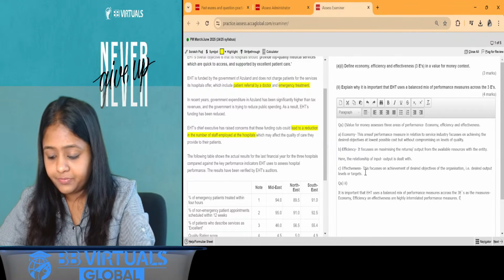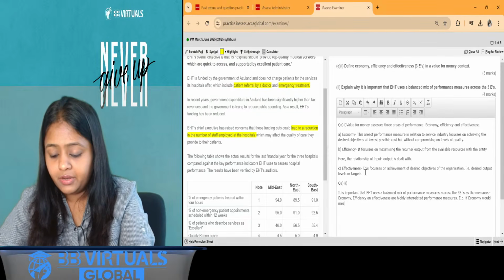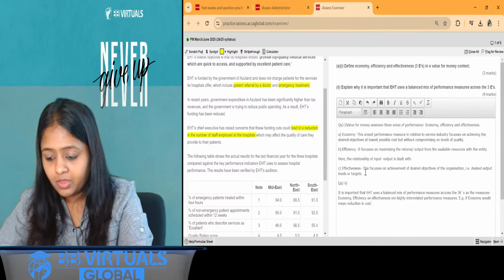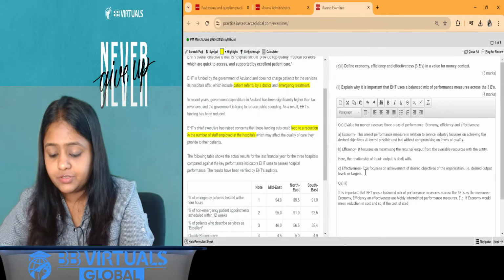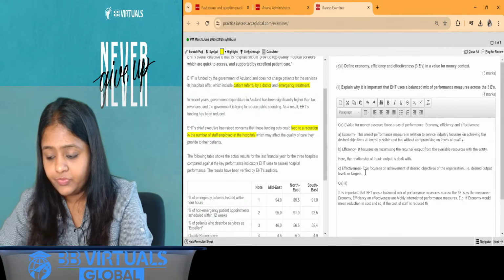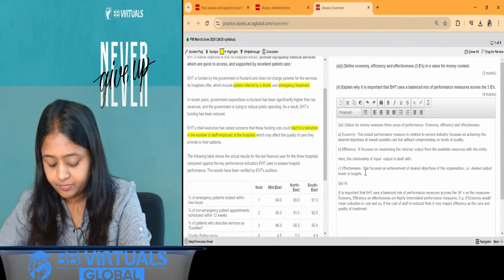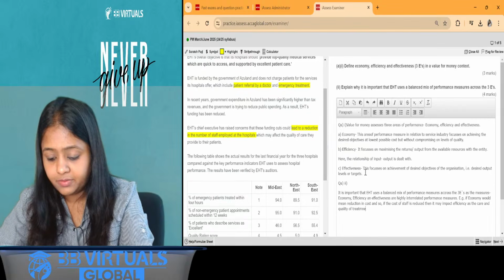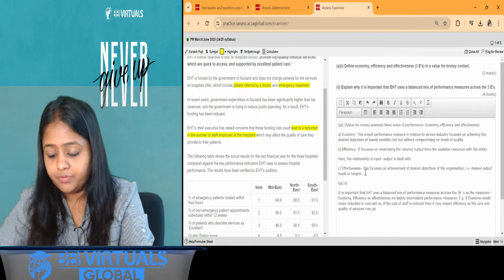For example, economy would mean reduction in cost, and so if the cost of staff is reduced, then it may impact efficiency, as the care and quality of services may go down.